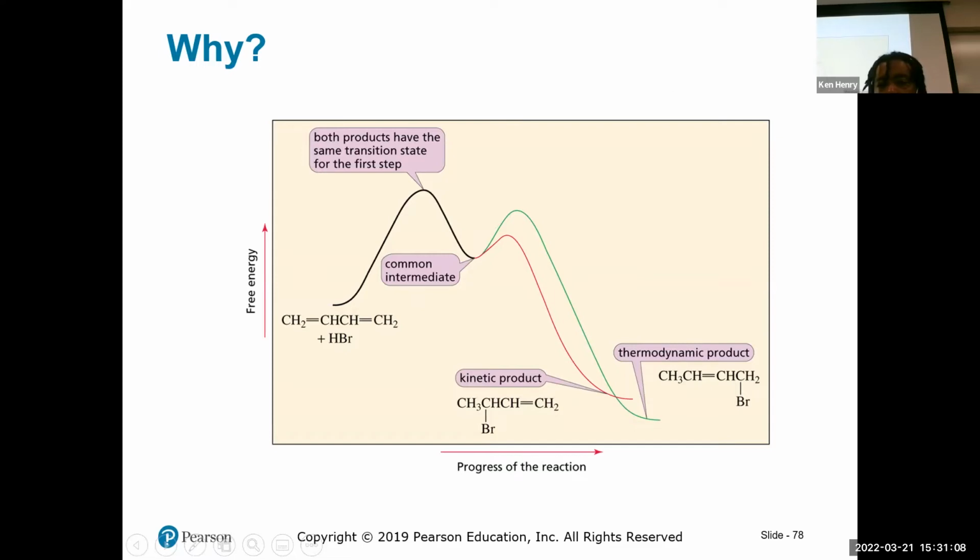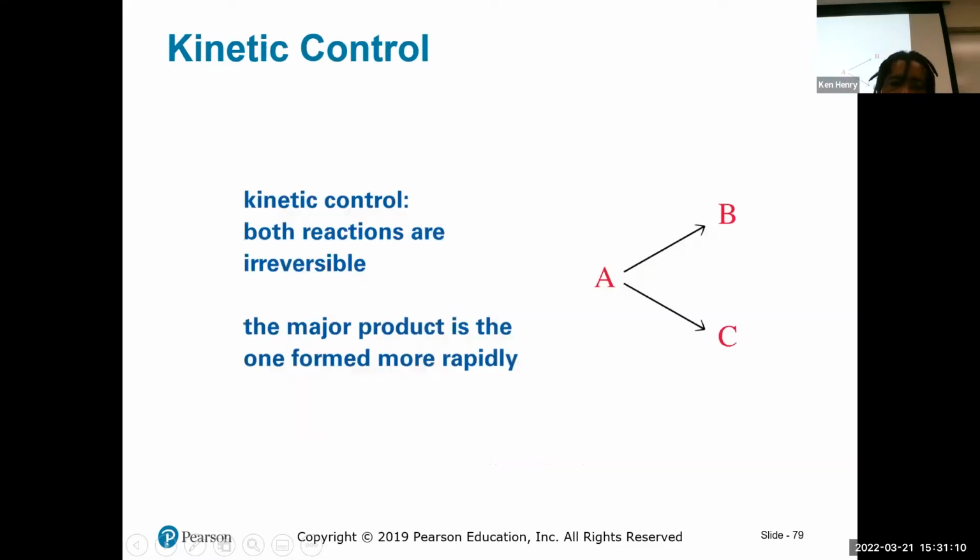So if we take a look at kinetic control, it's going to be an irreversible reaction in this case. So it's being driven in a single direction. The one that's the most abundant is going to be the one that happens fastest, right?